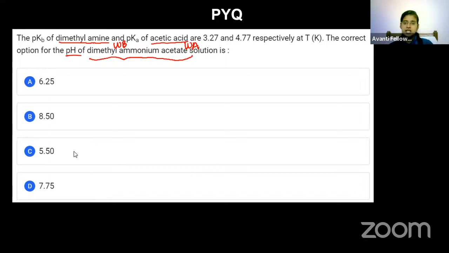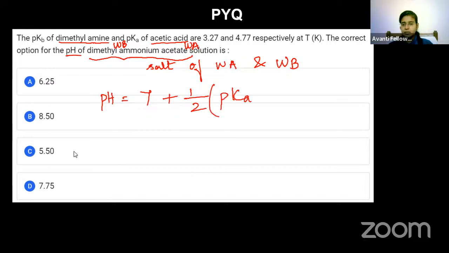This dimethyl ammonium acetate is a salt of weak acid and weak base, right? So for the weak acid, weak base combination, the formula to find out the pH is equal to 7 plus half of pKa minus pKb.